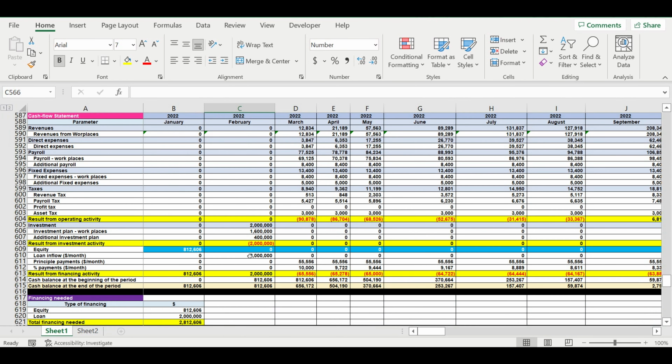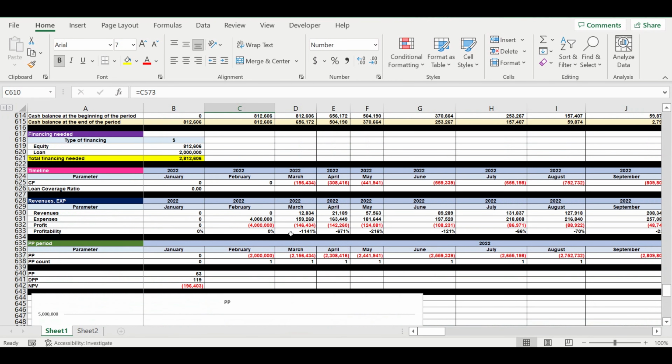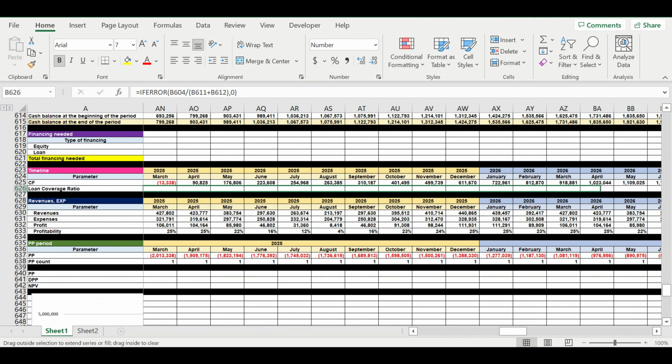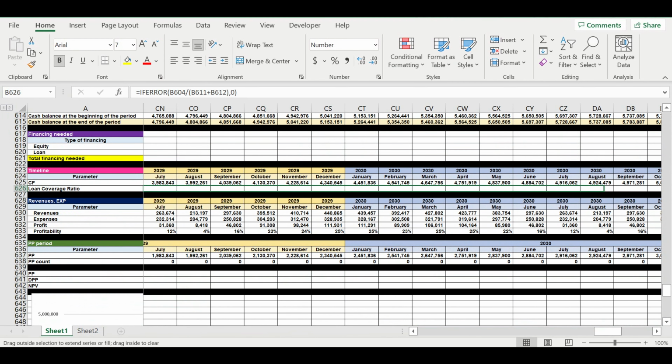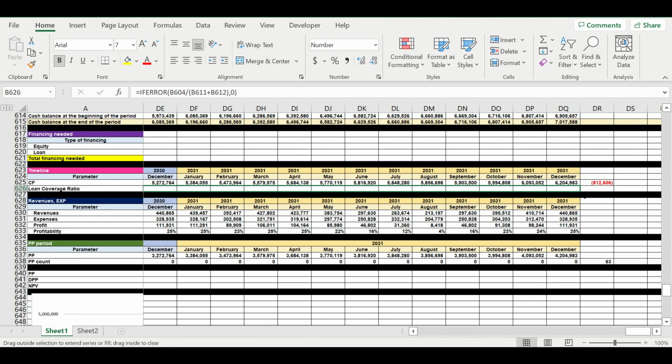So here we added a loan. Now we will extrapolate this formula to the right, across the whole of our timeline. Zero means that we don't have loan payments at this moment.